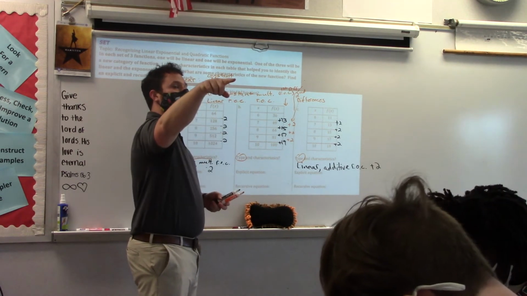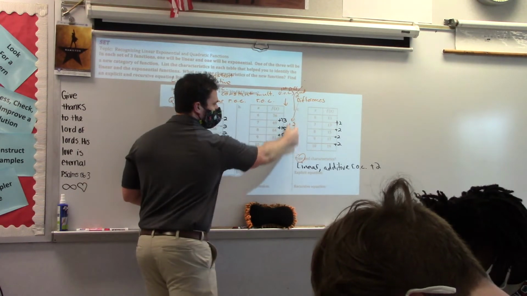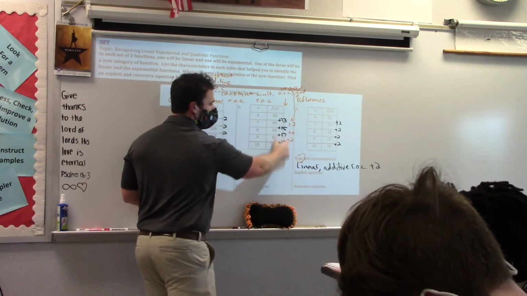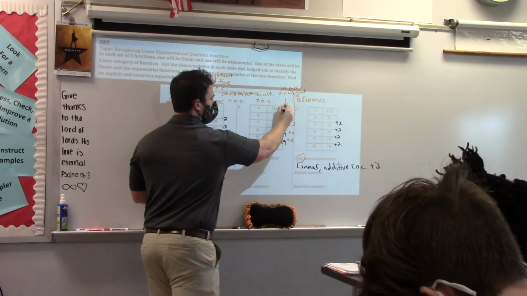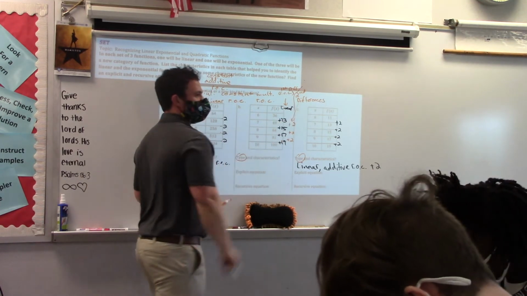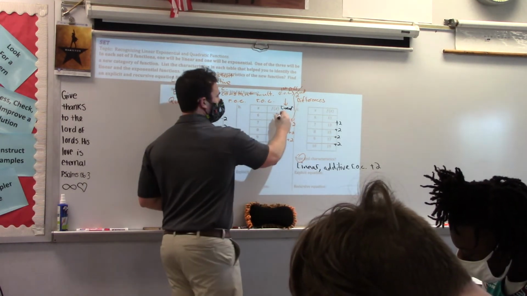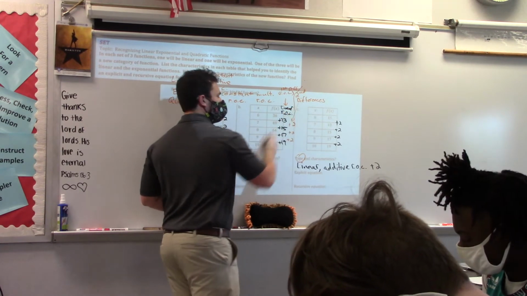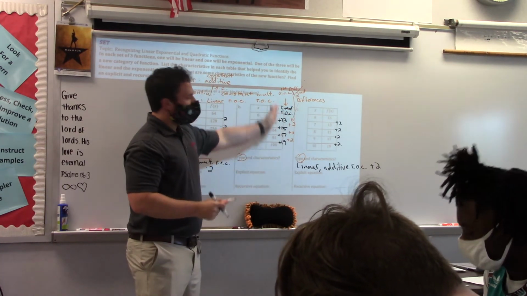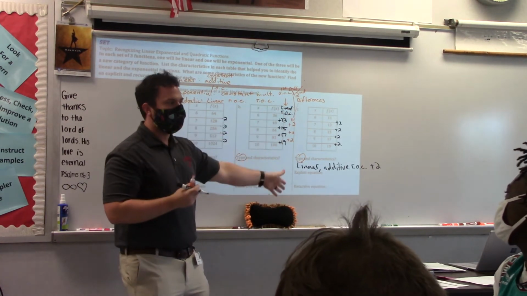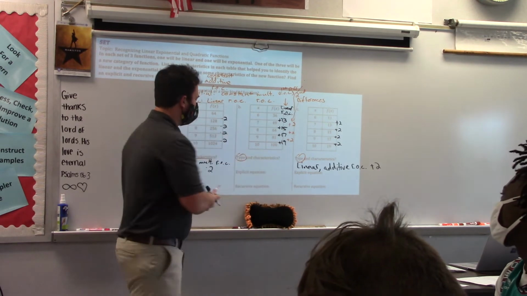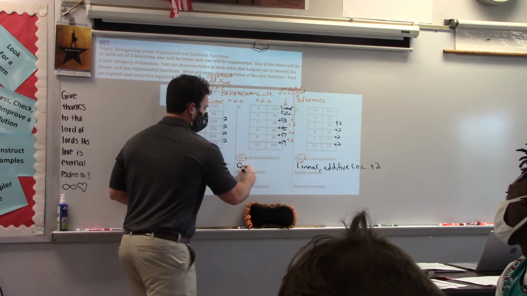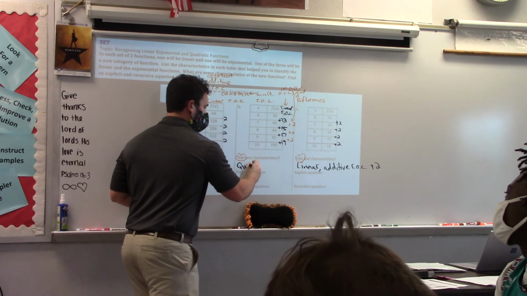Linear. So if this is constant additive, that's a linear rate of change. And if the first set of differences is a linear rate of change, f of x is quadratic.